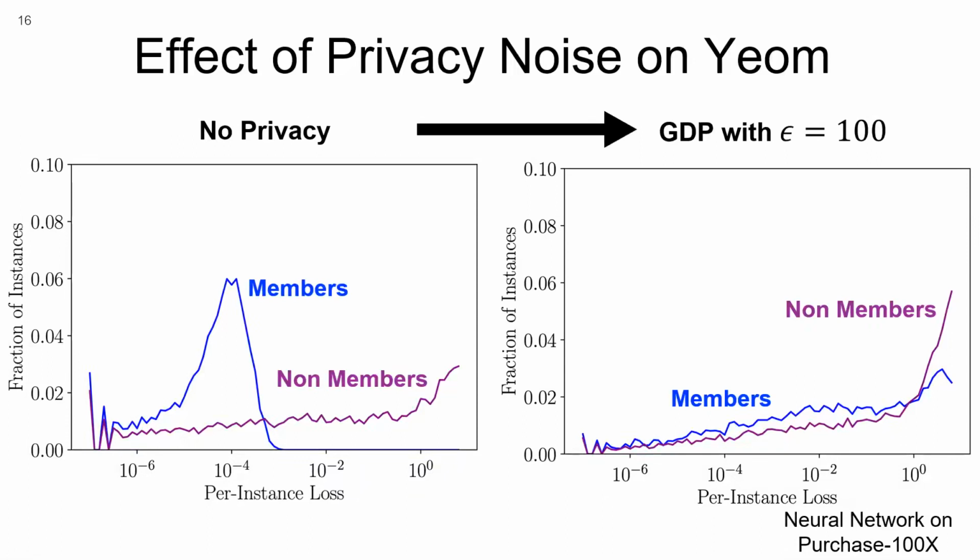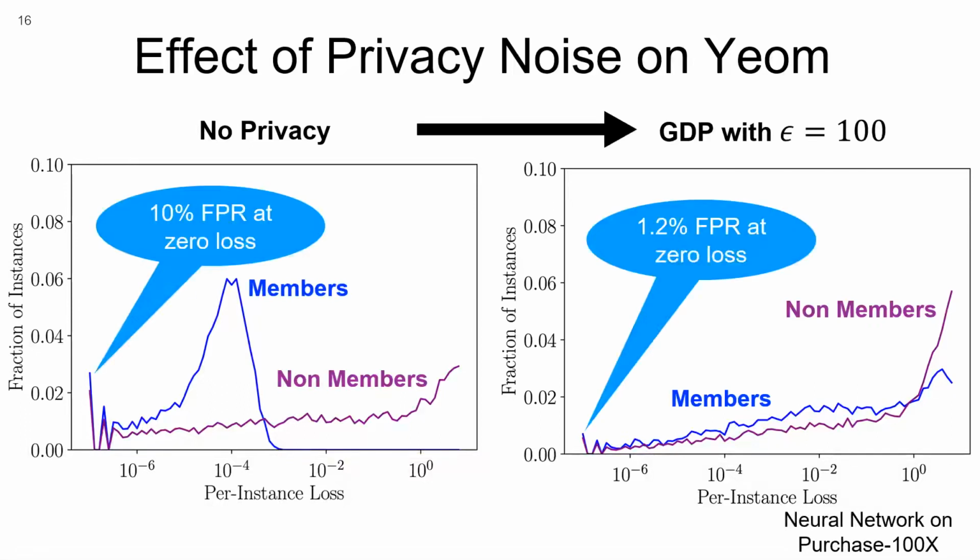Even though we add very little privacy noise at epsilon of 100, we can see that the gap between the two distributions has greatly decreased. Thus, it affects the success of YOM attack. An interesting observation to note is that the addition of privacy noise now allows the adversary to set thresholds for much lower false positive rates. In the next slide, we will compare the maximum PPV achieved by all the attacks against private models.